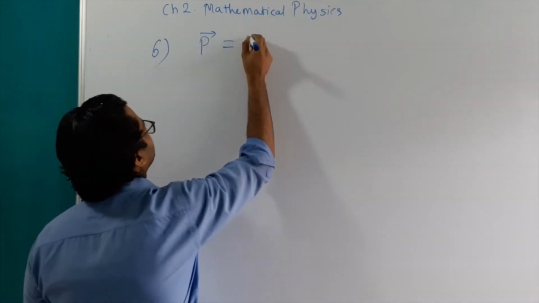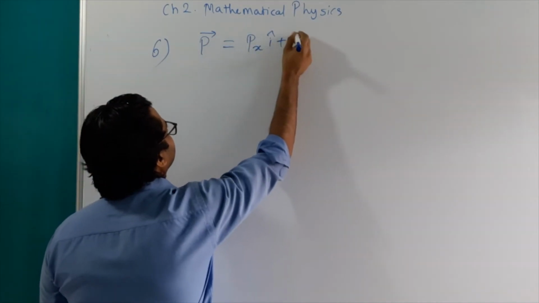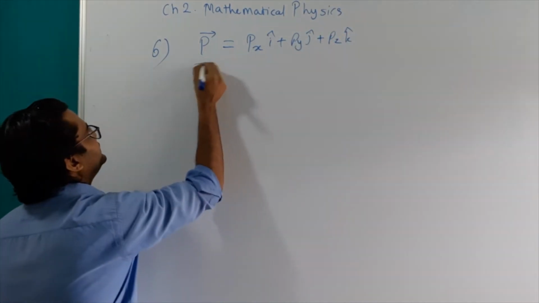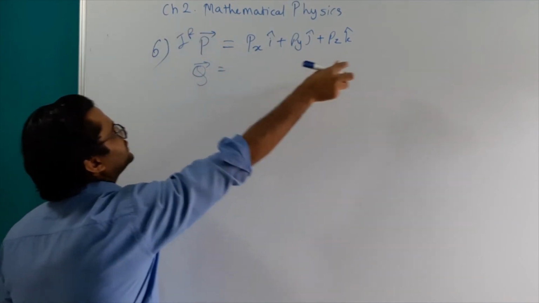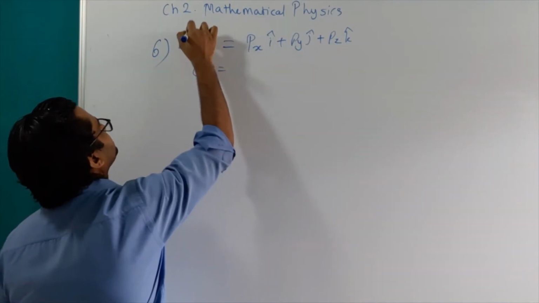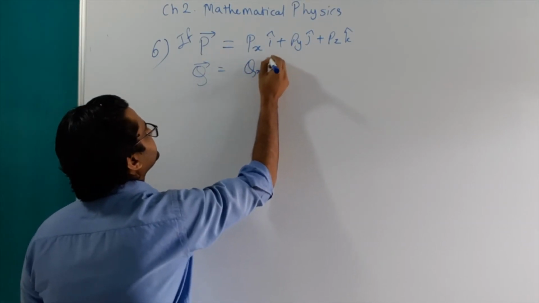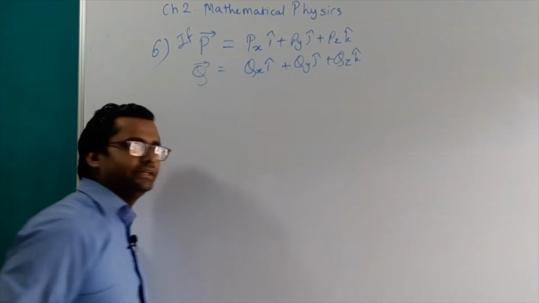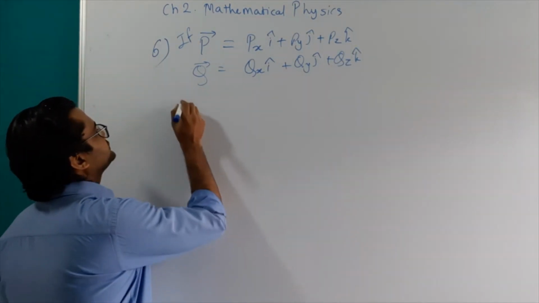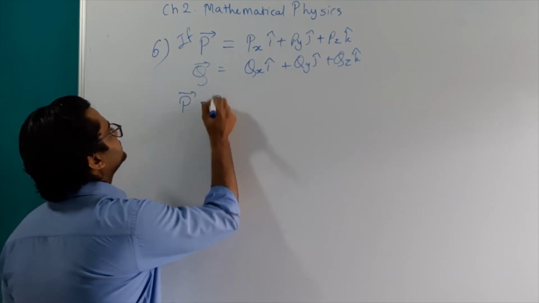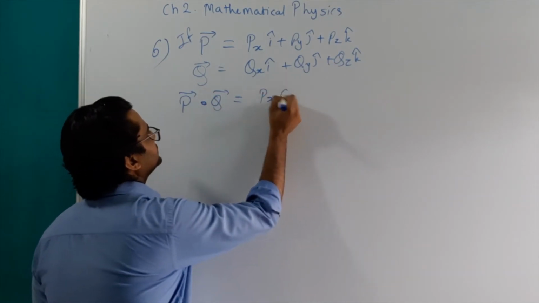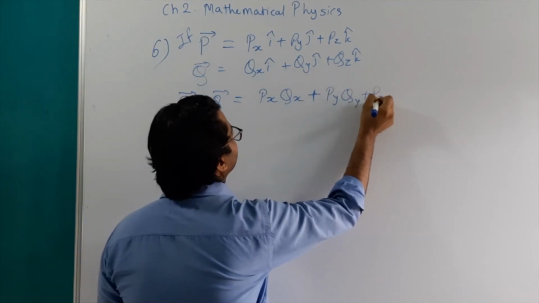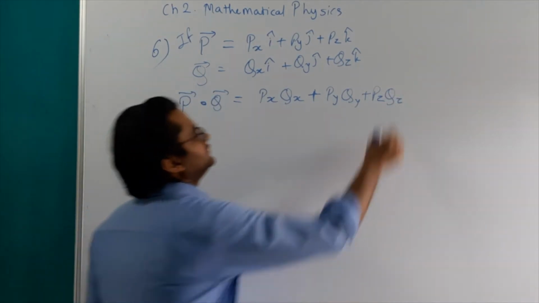If the first vector p bar is given by px i plus py j plus pz k, and q bar is given by qx i plus qy j plus qz k, then p bar dot q bar is given by px qx plus py qy plus pz qz. This is what we have to prove now.